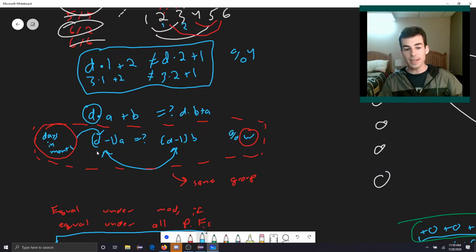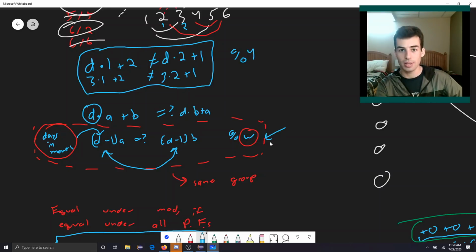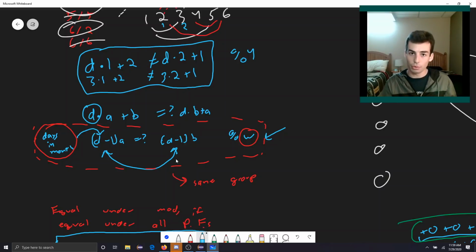Now, basically, if the thing we're modding by was prime, then this would never actually happen because we could divide this number out from both sides. But we can't divide it out because it might not have a mod inverse under this mod. Now that's a bit complicated.